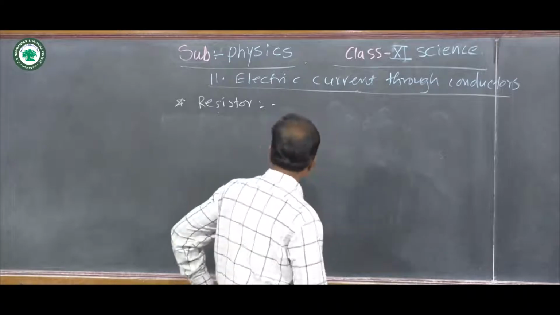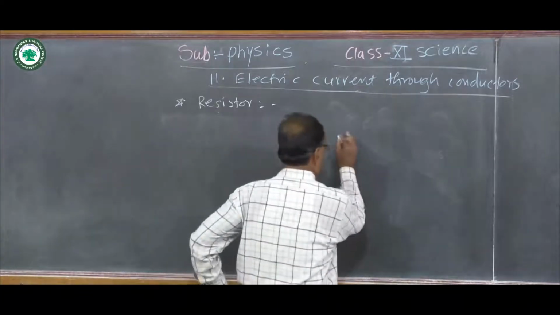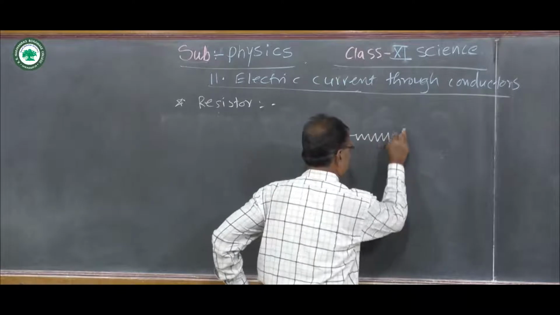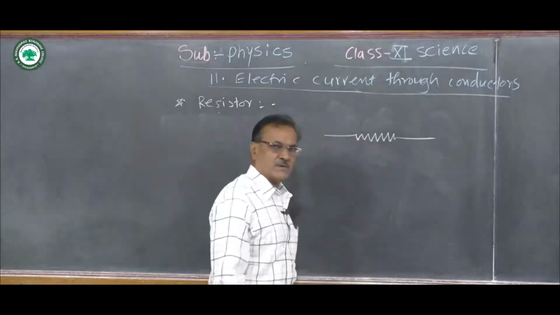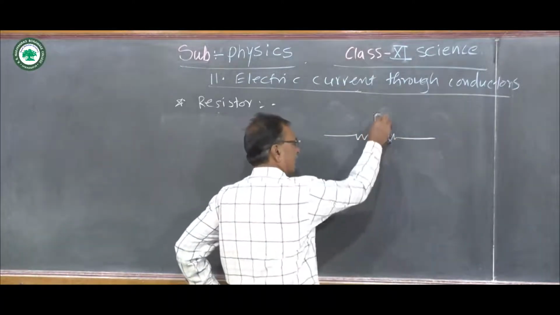What is the symbol of resistors? Now, resistor is shown by these symbols, and it is always denoted by R.